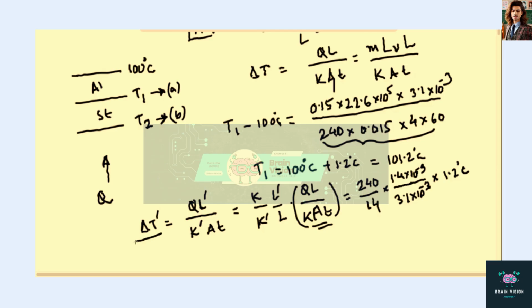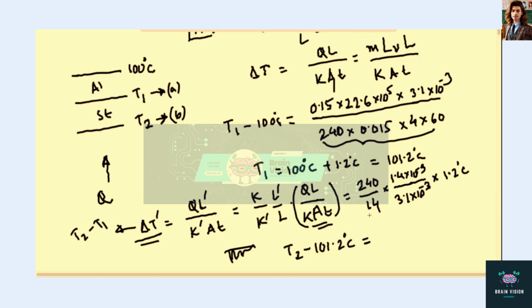Now delta T prime is T2 minus T1. So T2 is something that we want to find, and T1 we already found to be 101.2 degrees centigrade.